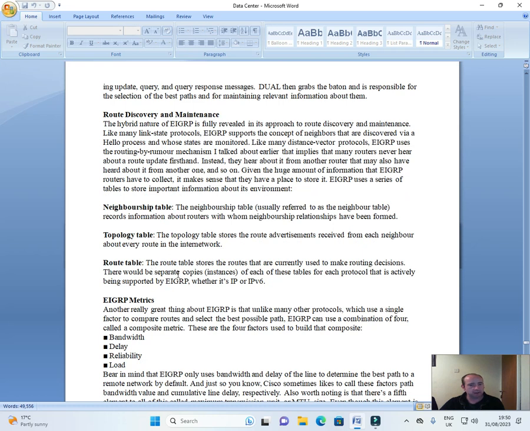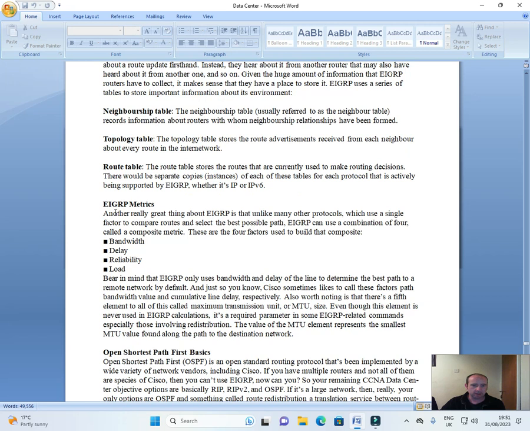Route table. The route table stores the routes that are currently used to make routing decisions. There would be separate copies, instances of each of these tables for each protocol that is actively being supported by EIGRP, whether it's IP or IPv6.